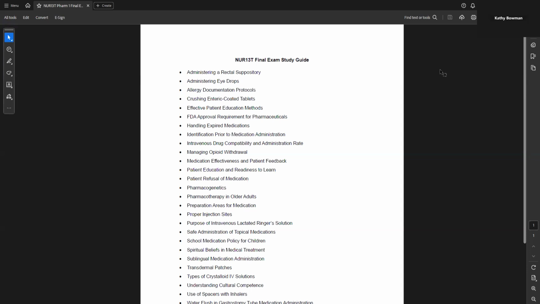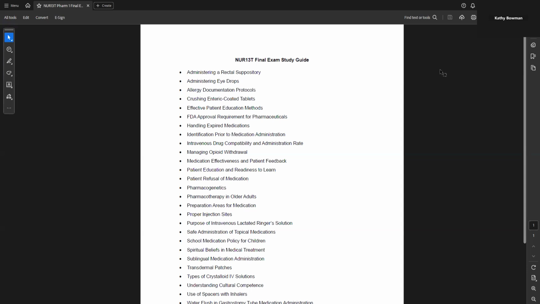Okay. So with regards to administering a rectal suppository, first you want to make sure you utilize water soluble lubricant when you're inserting the suppository. Why? Because it is humane.